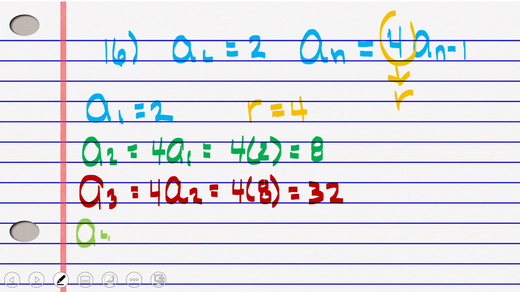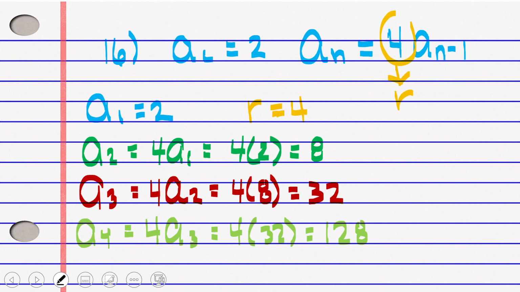A of 4. 4 times a of 3, which equals 4 times 32. Doing some work in your margin, you're going to get that is equal to 128.